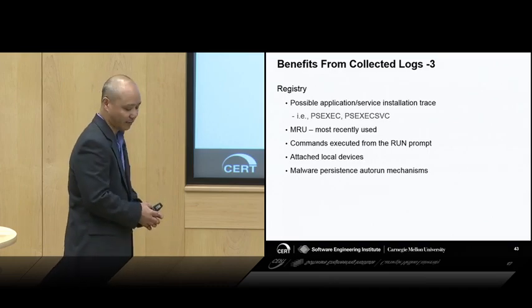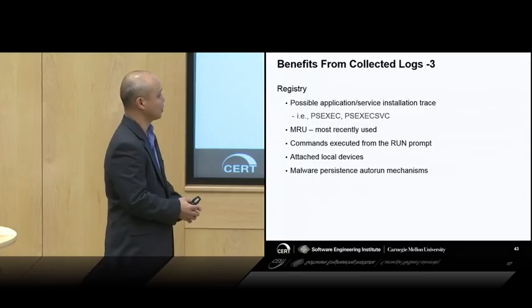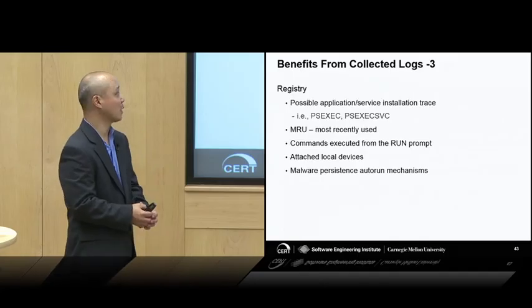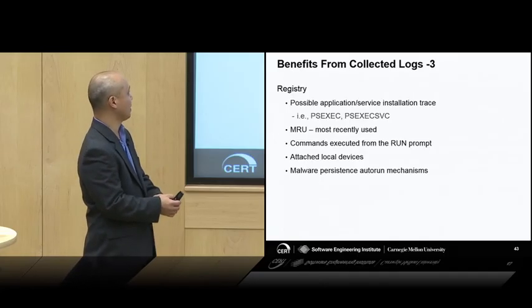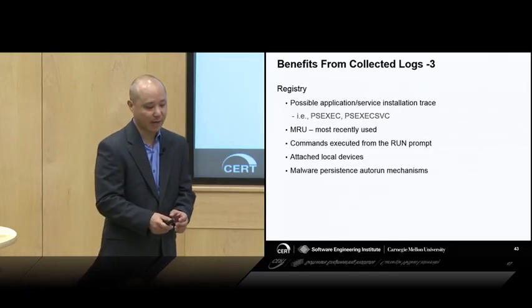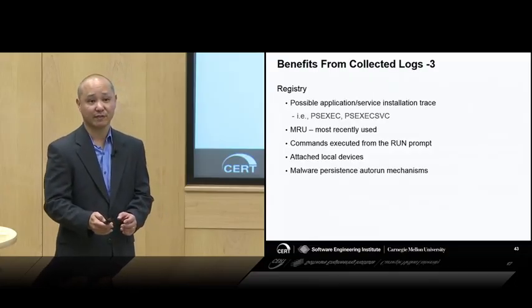Attached local devices: if this is a possible internal threat, you can see if they used a USB drive or a USB thumb drive. And then malware persistence in the auto run mechanism. There are a few different ways to do that within Windows in particular, but you can find those if you look carefully.